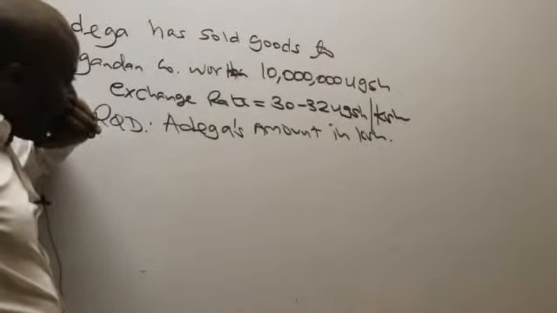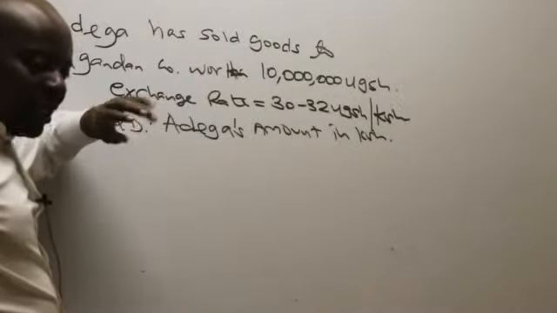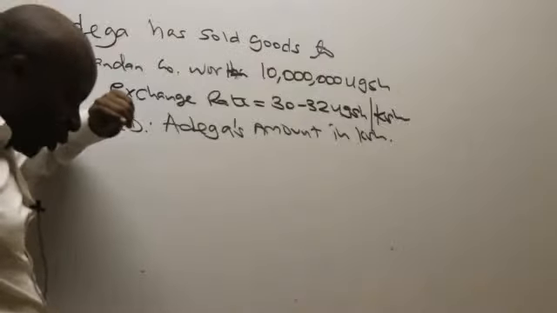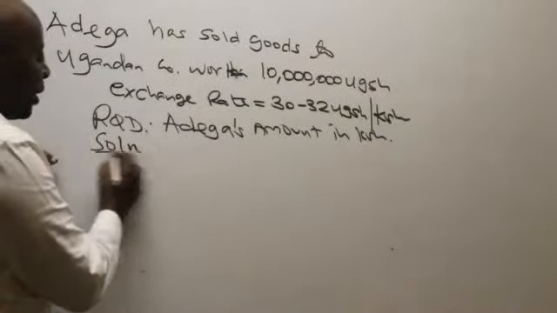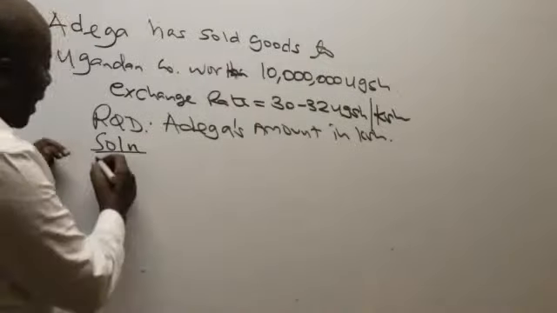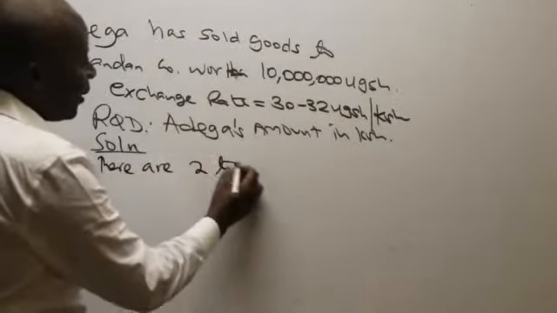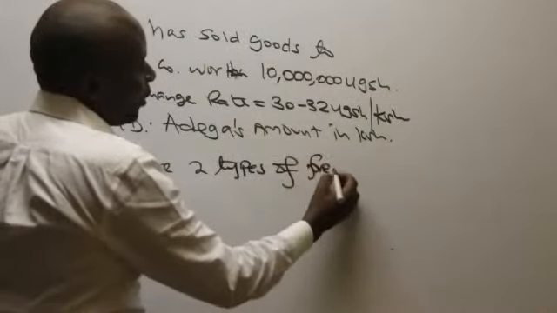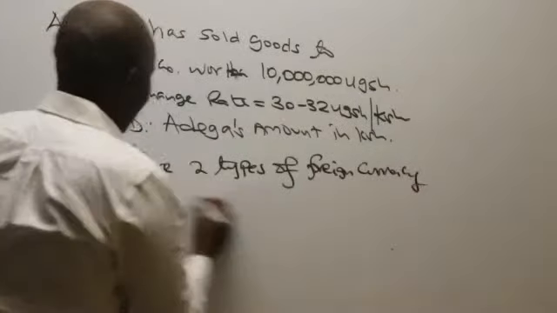Now, for sure, here is what happens. Right, solution. After the solution, tell us there very fast that there are two types of foreign currency quotes.